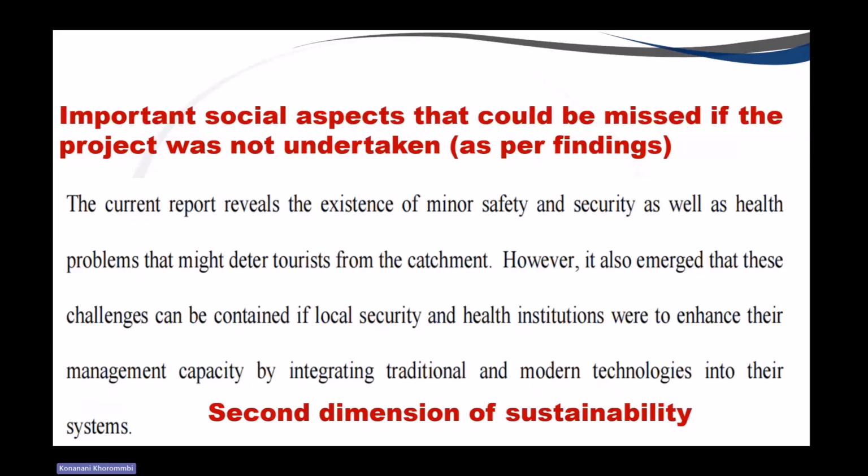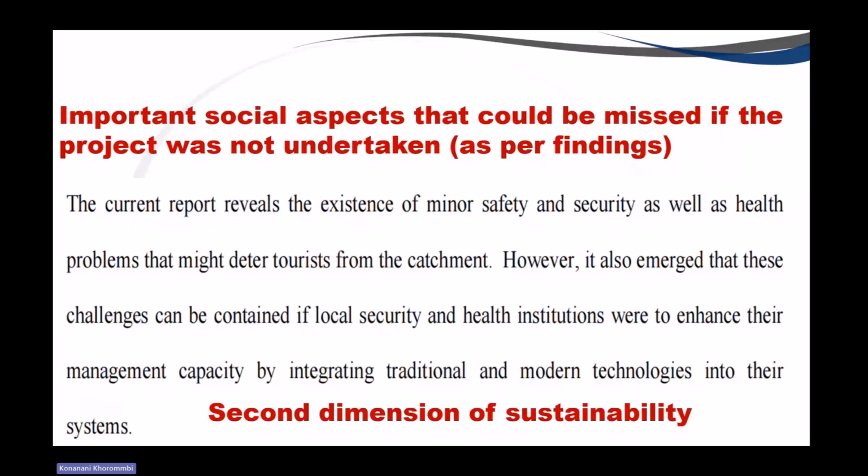Traditional and modern technology of managing health, because health has been found to be a security threat to the tourists. And therefore, we need to manage it if we want to encourage tourism so that we can have this economic development.